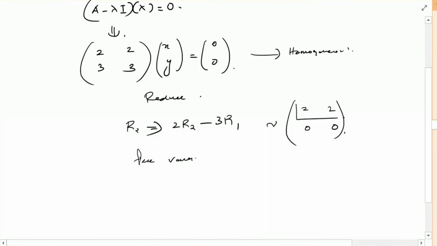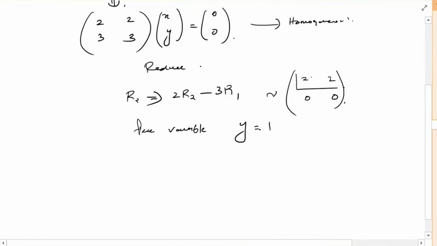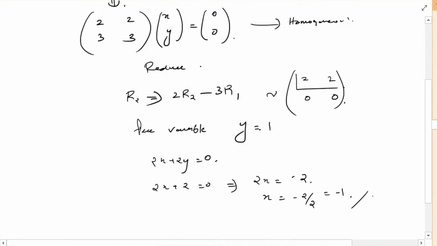So the free variable is y, and we put some arbitrary value for y. I am giving y as 1. So from the first equation, 2x plus 2y equal to 0. Giving y as 1, 2x plus 2 equal to 0, that implies 2x equal to minus 2, so x equal to minus 2 by 2, which is minus 1.